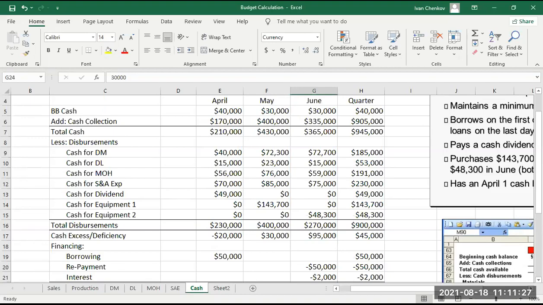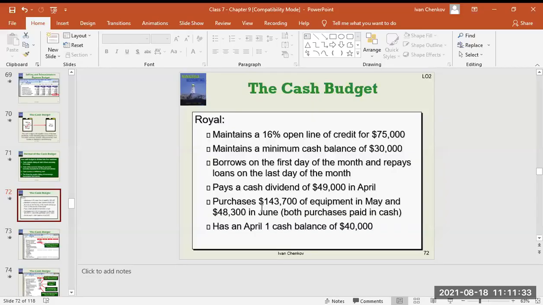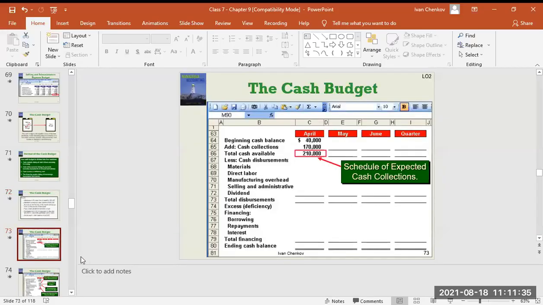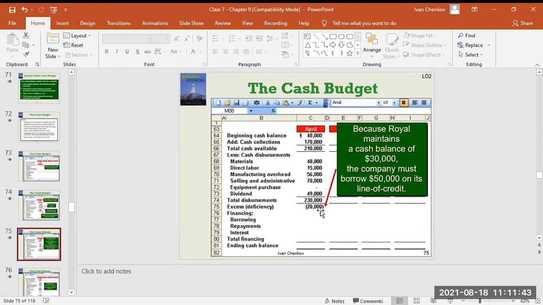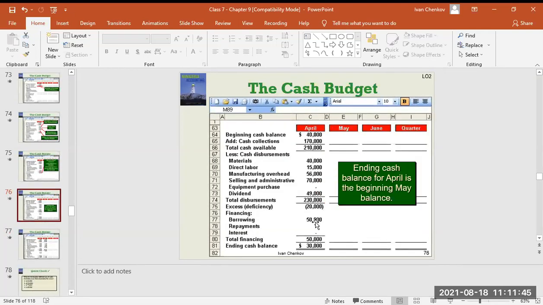Let's see what's happened with the slides. So the slides are going to go with 210. Then I'm going to have 230. My deficiency is $20,000, so I have to borrow 50,000 to come up with 30,000. The 30,000 ending balance here becomes the beginning balance for May.